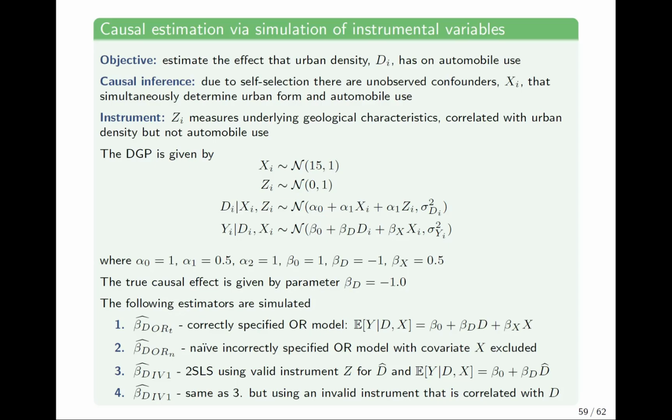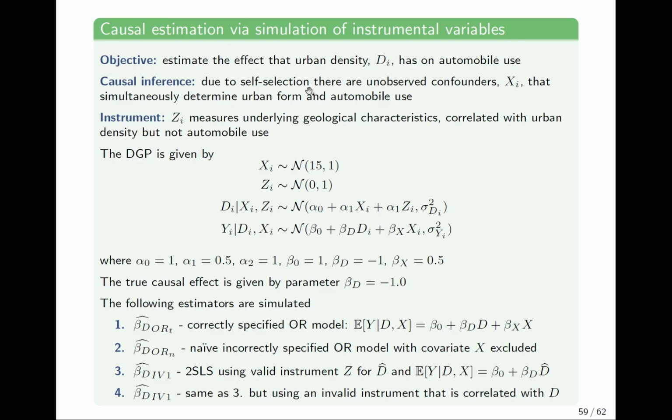In this example, we're going to imagine that the objective of our inference is to estimate the effect that urban density has on automobile use, and that's actually an example that's been looked at in the literature where IV has been used. So the question is, does the density of development affect the decision on car travel, and particularly on whether to own and use, how much to use a car?